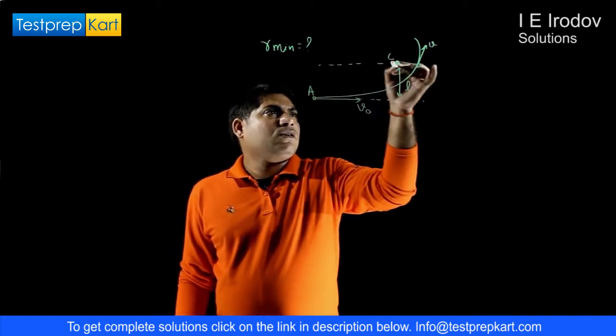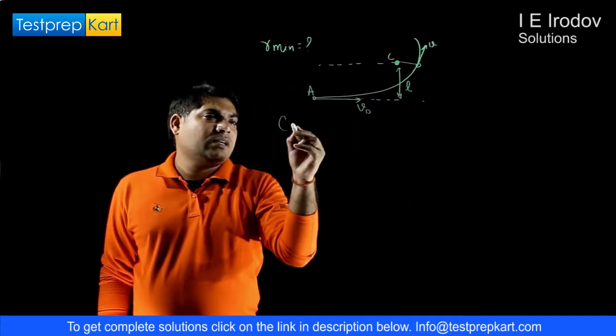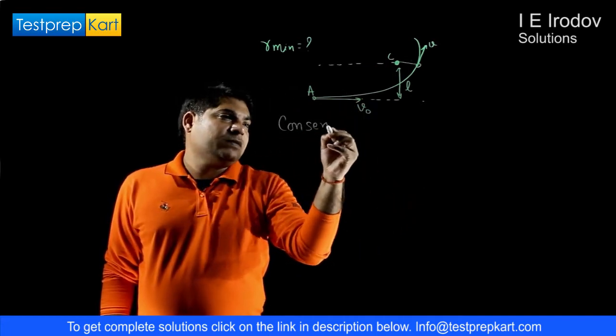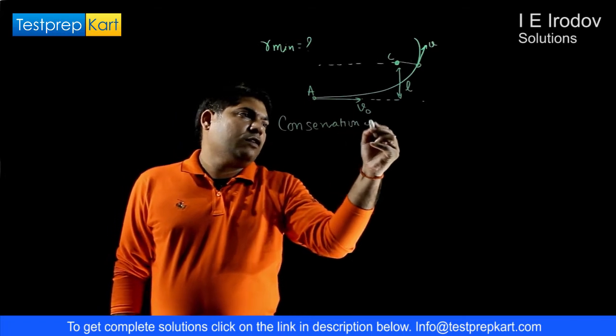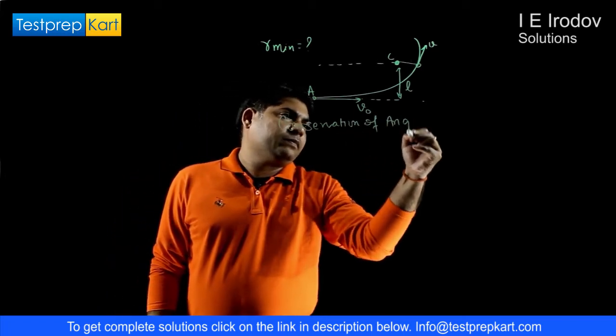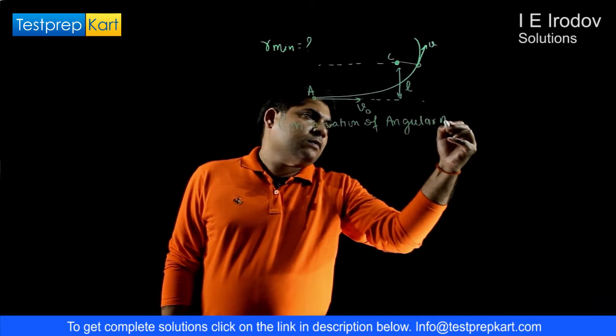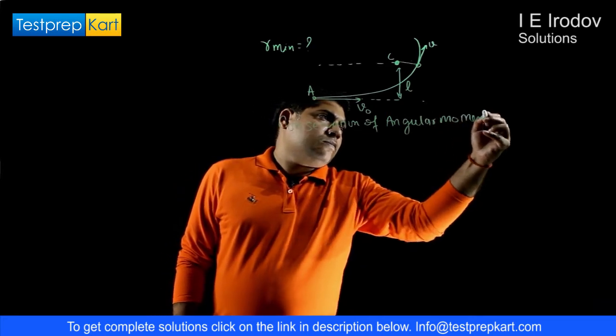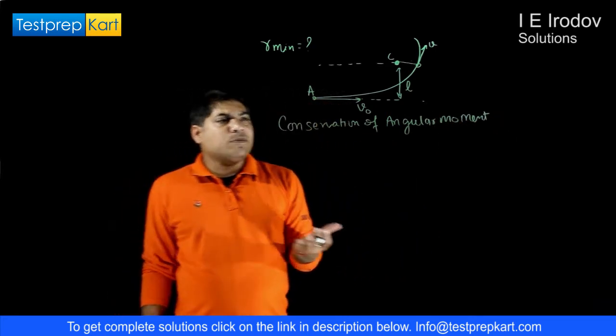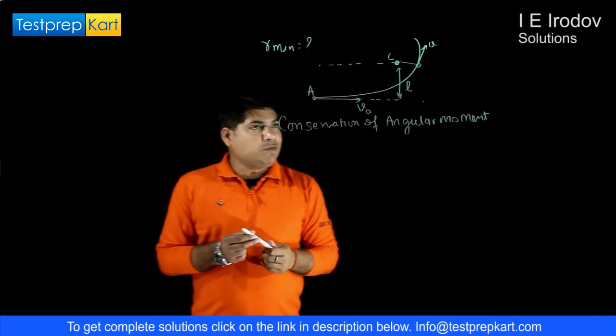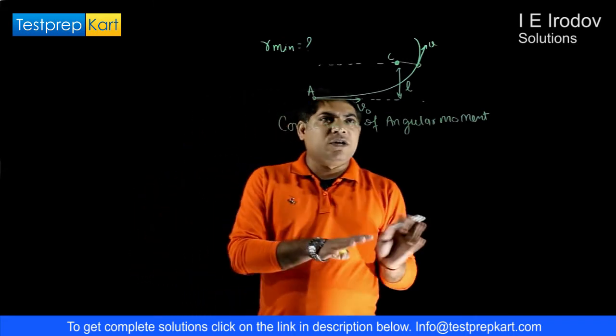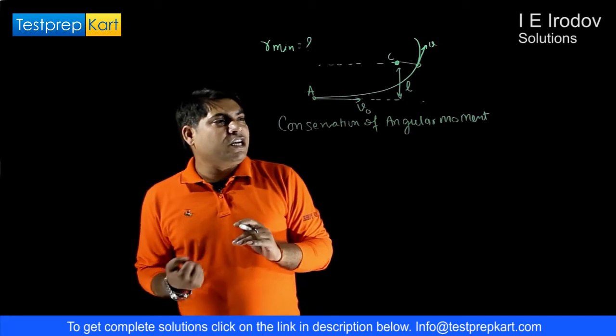Okay. So first let's apply the concept of conservation of angular momentum. As we know, angular momentum is the moment of linear momentum about the point of rotation, or you can say point of reference.